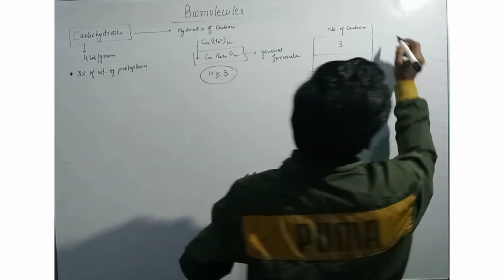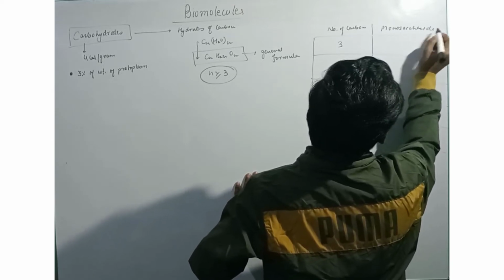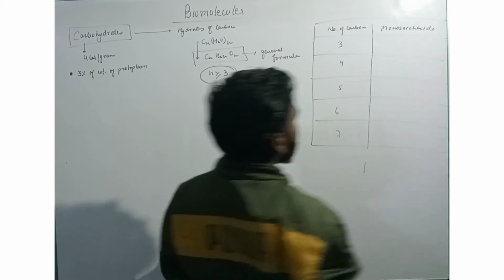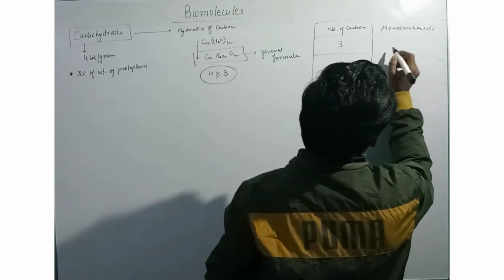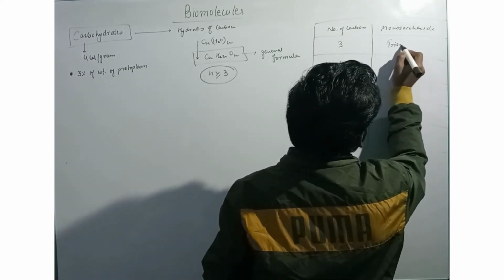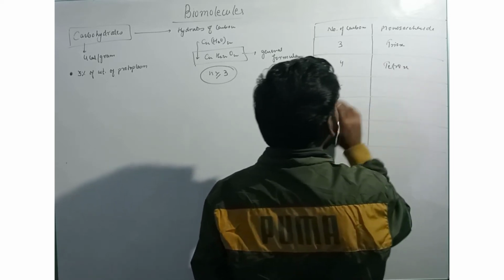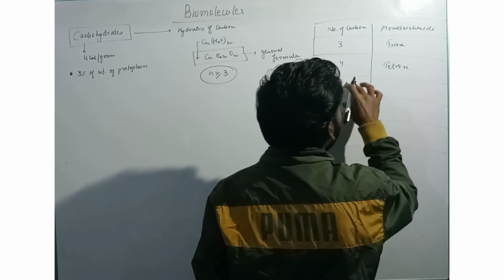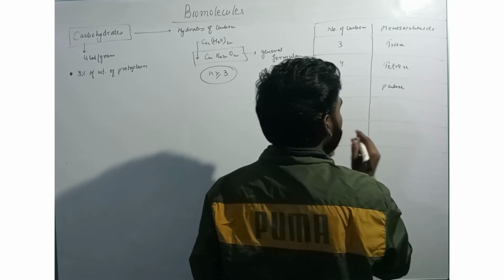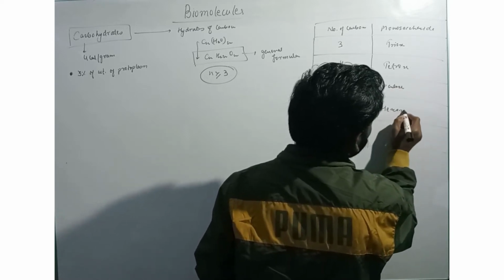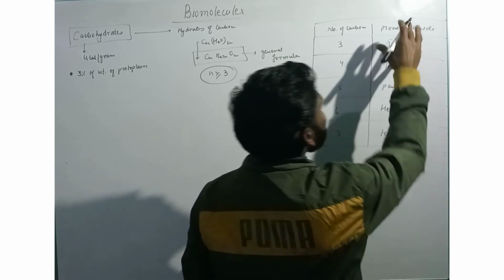What kind of monosaccharide will it form? If it contains 3 carbon, the monosaccharide is called triose. If it contains 4 carbon, it becomes tetrose. If it contains 5 carbon, it will be pentose. In the same fashion it is called hexose, and the next one is heptose. All these are monosaccharides.